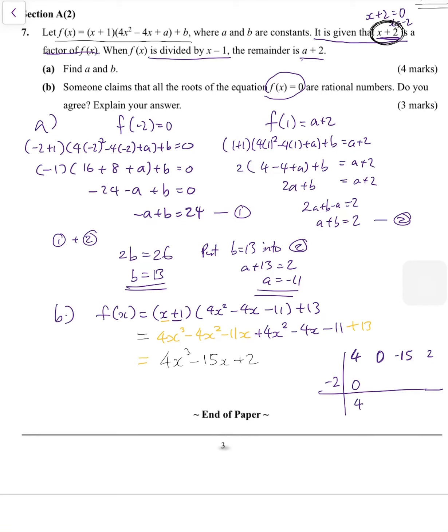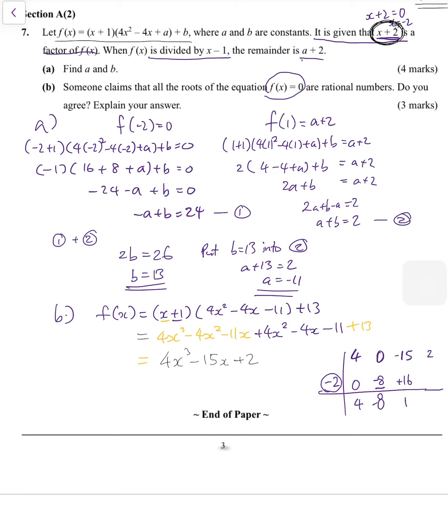So 4 plus 0 is 4, and after you write the 4 down, you need to multiply by the negative 2 outside before you write it down in here. So 4 times negative 2 is negative 8, and then you add them, so negative 8, and negative 8 times negative 2 is positive 16, and then you add them up.